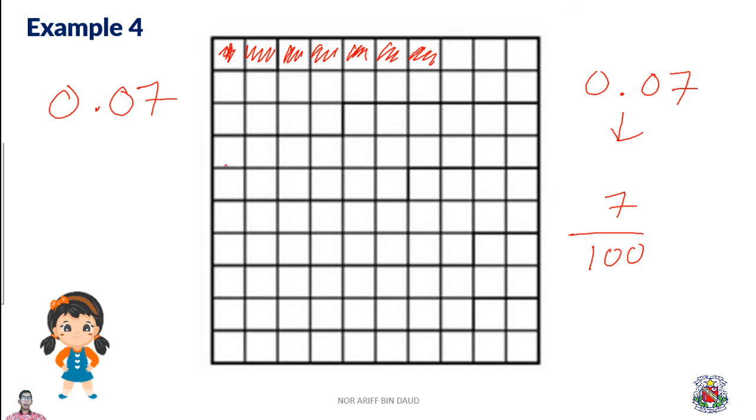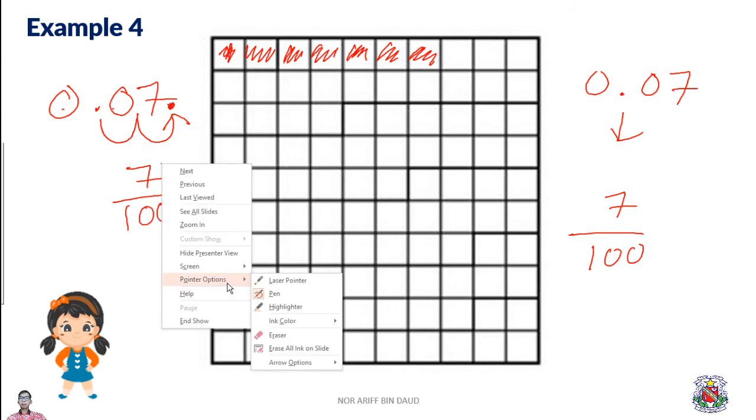You must times by 100, because here we have three numbers, 1 2 3. So you must move the decimal to the right. How many steps? 2 steps, because in 100 we have 2 0s. So 1 step, 2 steps. So now the decimal will be here. So the answer will be 7/100.